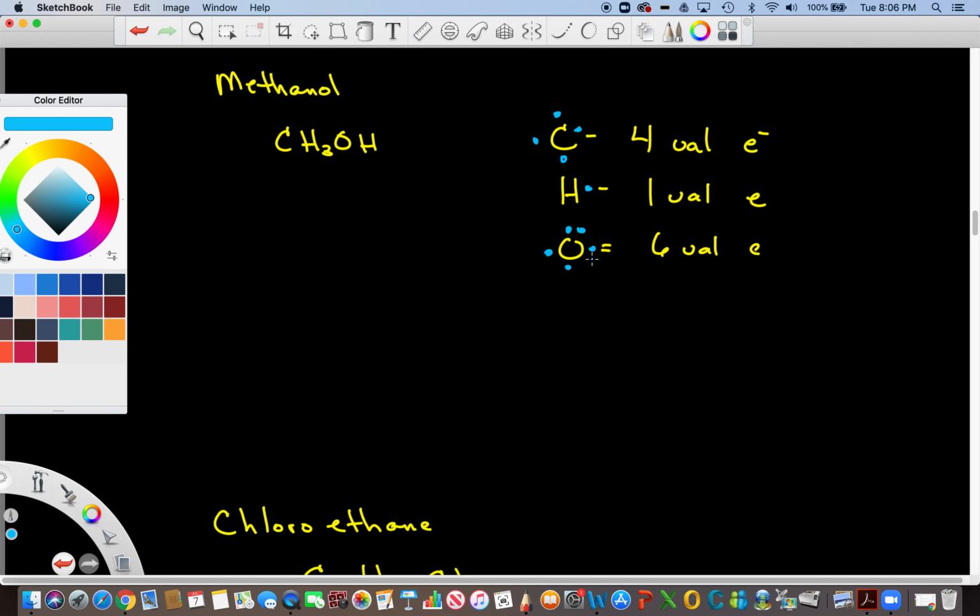Now we can go back and pair them up. So oxygen looks like it has 2 bonding sites. So now we have to try to build this molecule. There's going to be 3 hydrogen.